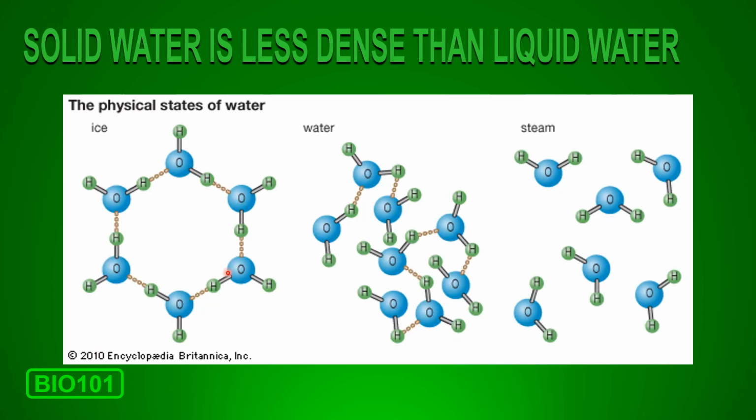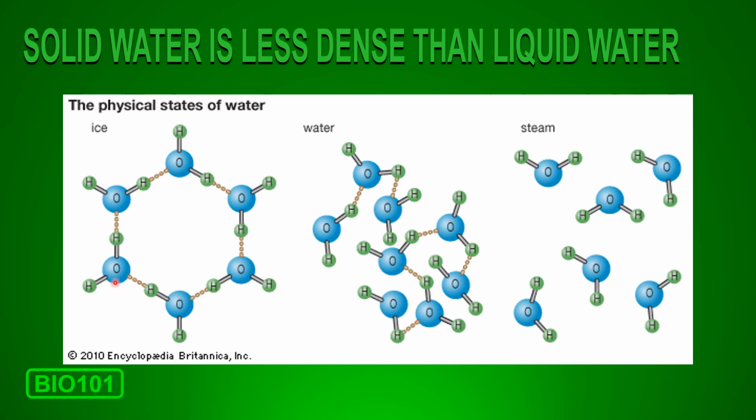And this is an illustration showing you the three physical states of water, and here you see ice. Look at the very geometrical arrangement of these water molecules in ice, versus this is liquid water, where you just have a bunch of random water molecules all over the place, hydrogen bonding to one another. But look, this thing is very geometric, very solid, if you will, and because of this solid structure, you cannot get any more water molecules into it.